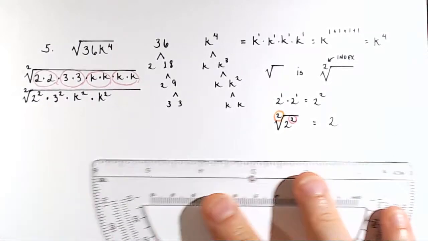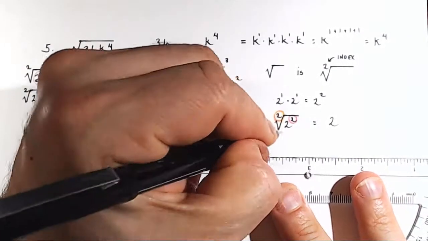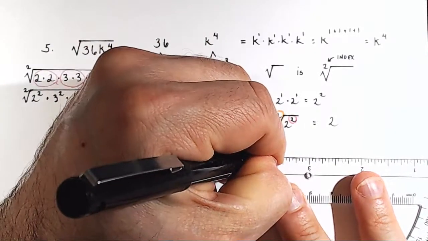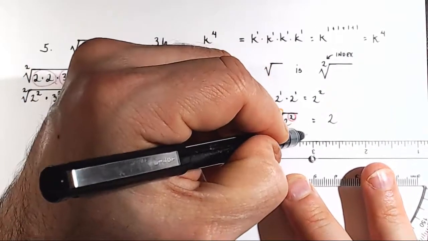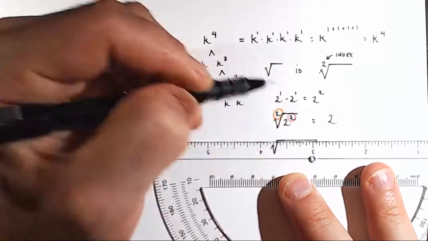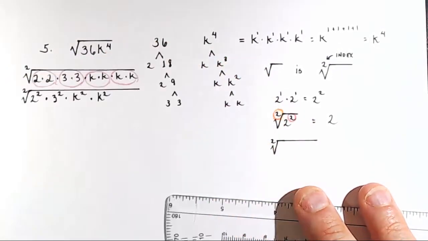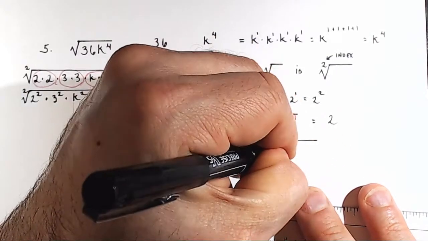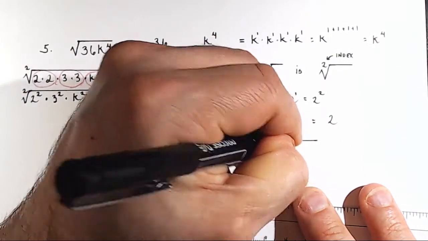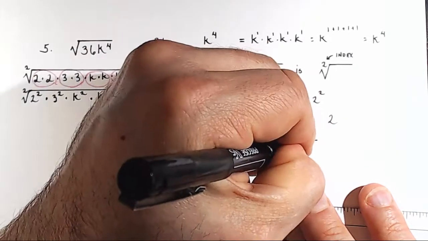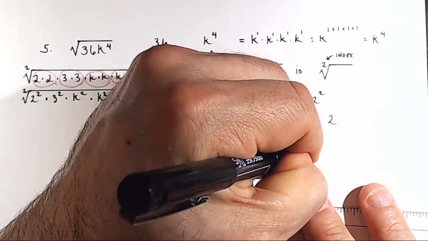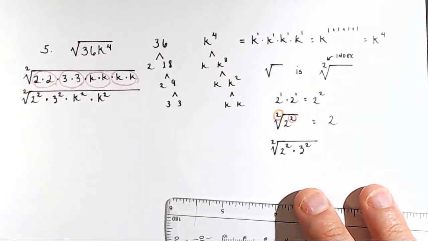So here's one final rule. When I've got terms like that, I'll just take 2 of those to demonstrate the point. If I've got the second or square root of 2 squared times 3 squared, I can break it up.